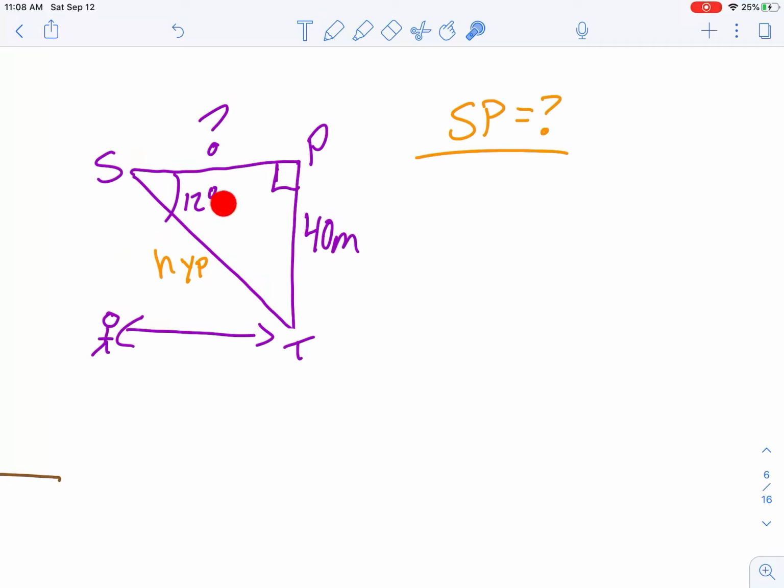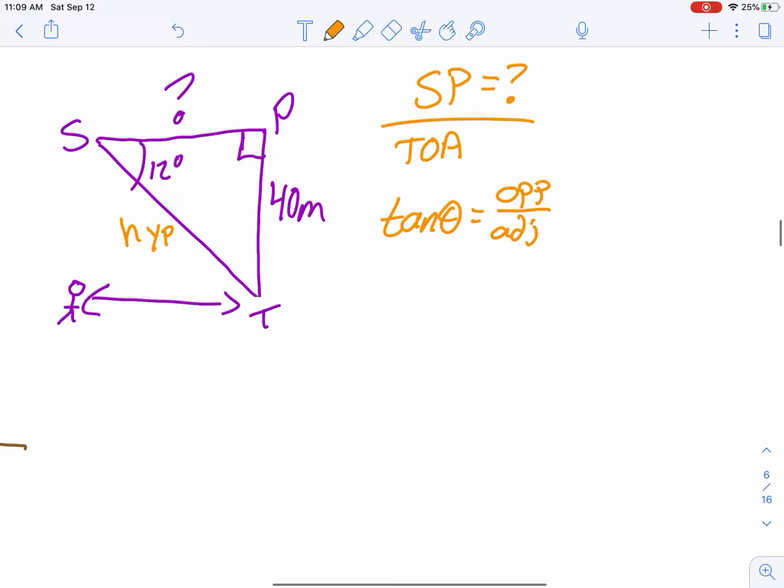Remember, hypotenuse cannot be adjacent. So if we have the opposite and the adjacent, that should obviously make you think of TOA. Opposite, adjacent, so we're going to use tan. So tan angle equals opposite over adjacent. And now at this point, we can solve for SP.